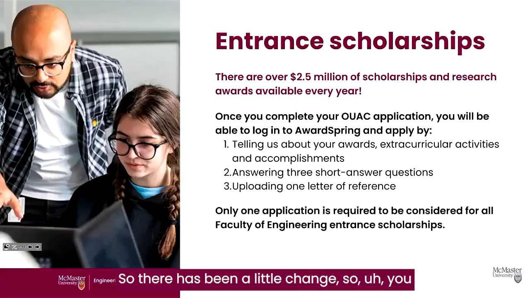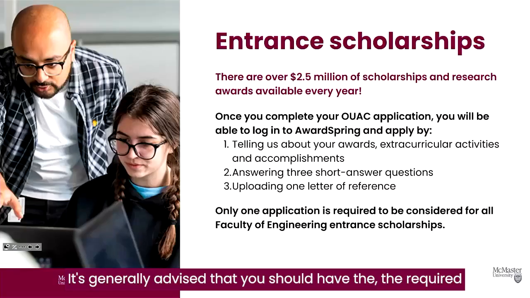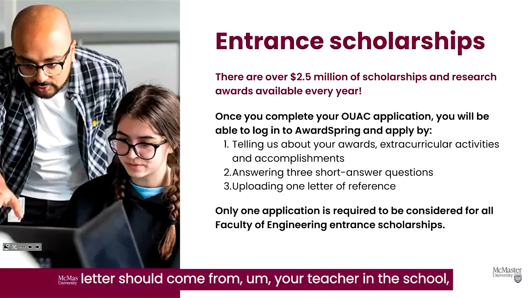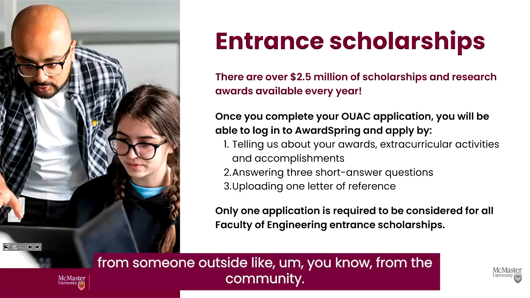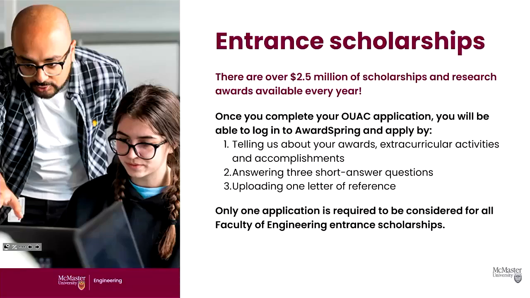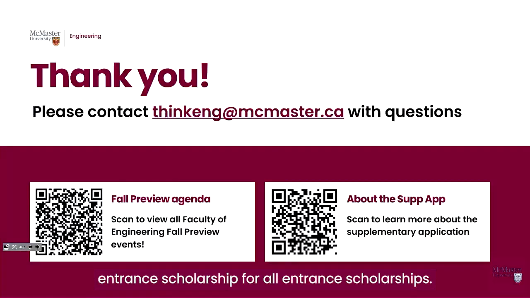You could optionally upload 2, but only 1 is required. It's generally advised that the required letter should come from your teacher at school, but additional letters may come from someone outside, like from the community. Again, only 1 application is required for all entrance scholarships.